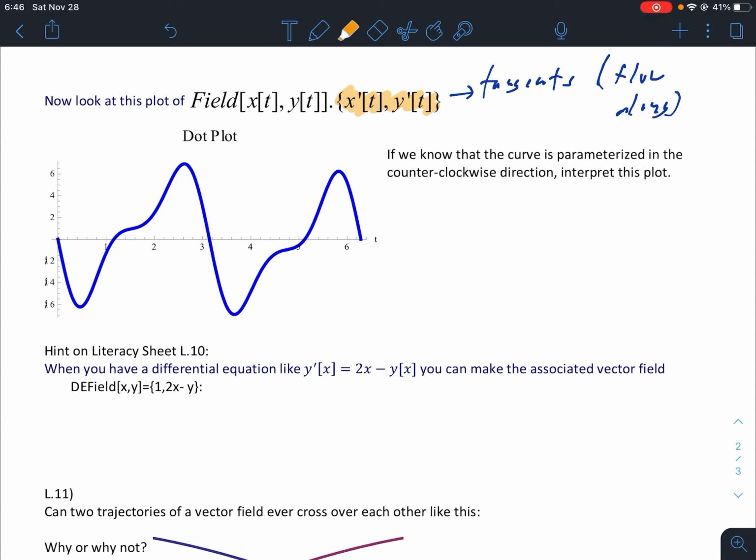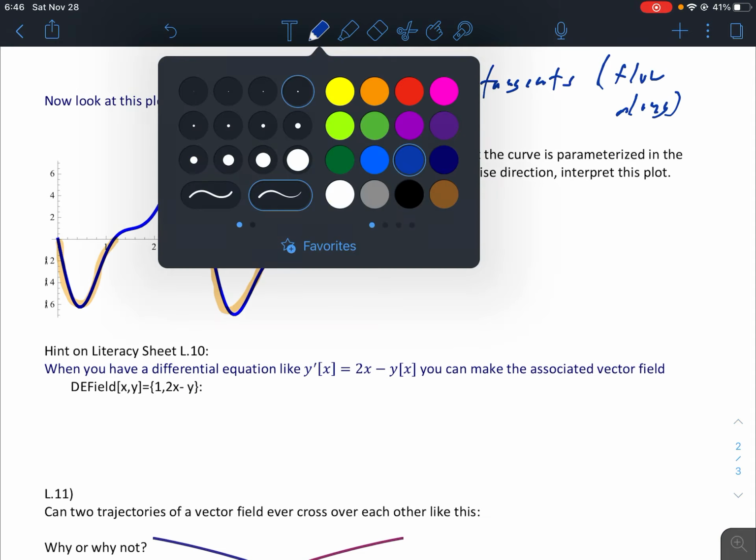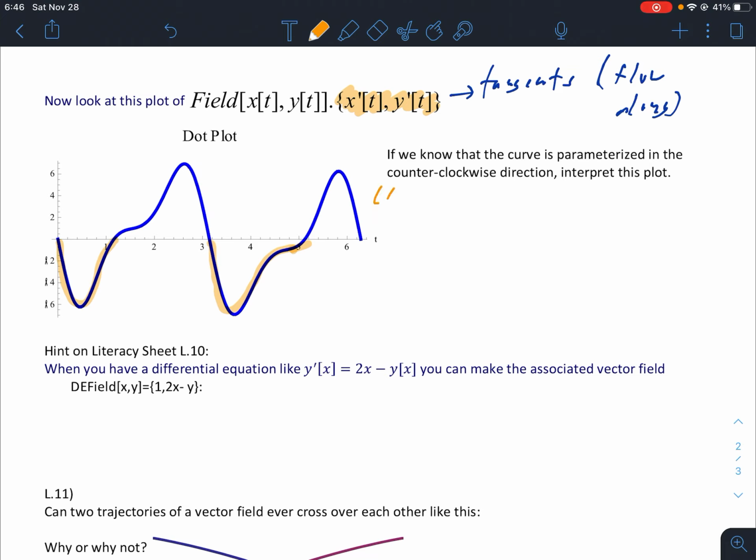Let's interpret this plot. This looks negative and this looks negative. If I was going to estimate those numbers, let's say 0 to 1.2 and also 3.1 to 5.1 is negative, which means that must be clockwise.